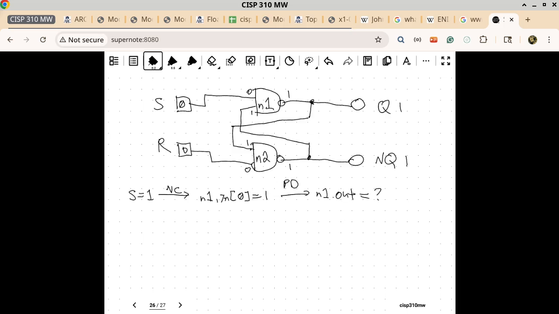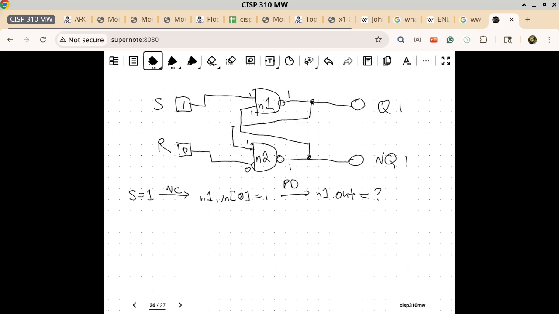Because we change one of the input pins, we always have to figure out whether that is going to change the output. Sometimes it does not, but sometimes it does. In this case, it does change, because I haven't updated these things here. We have just updated these two: this is now a 1, this is also a 1.